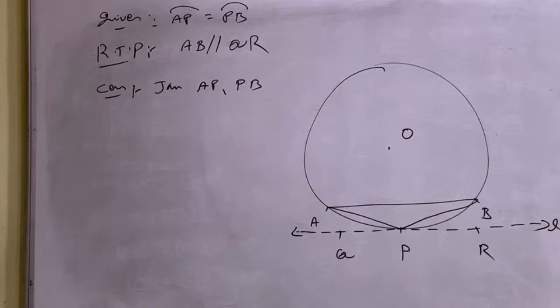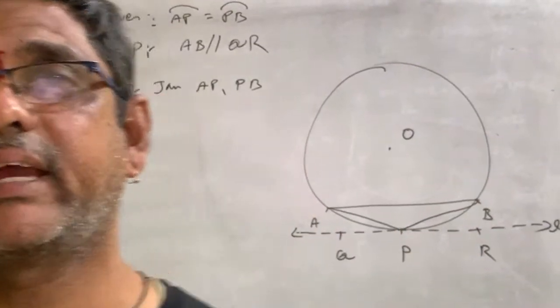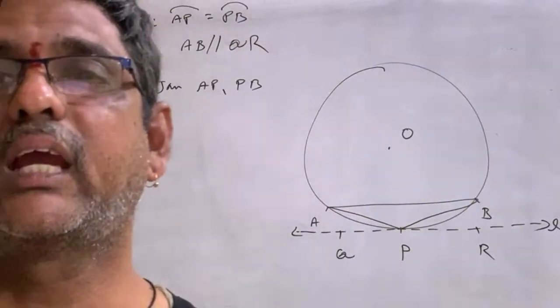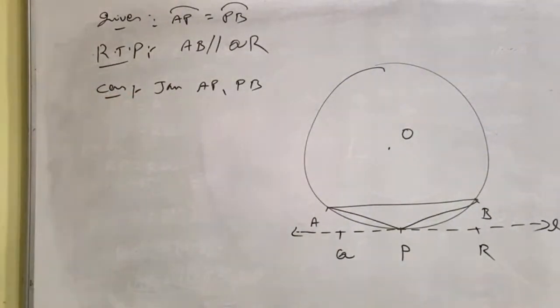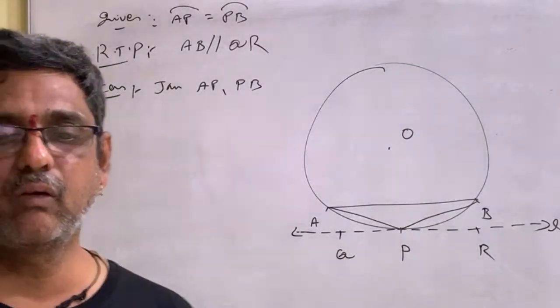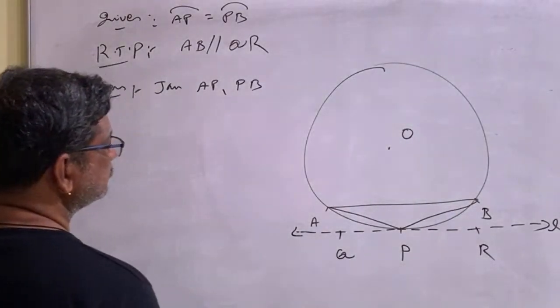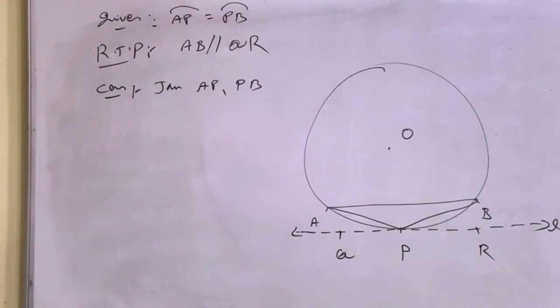They are equal because the arcs are equal. Equal arcs make equal chords. Do you remember from 9th standard? Equal arcs make equal chords, and equal chords make equal angles at the center. Remember that also.